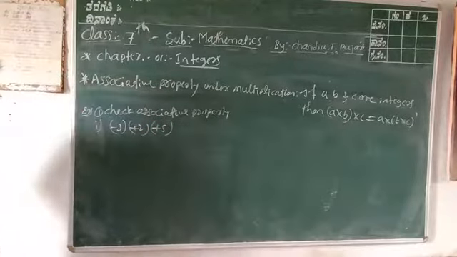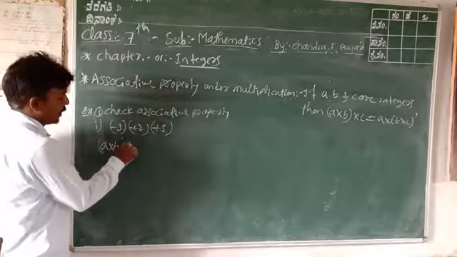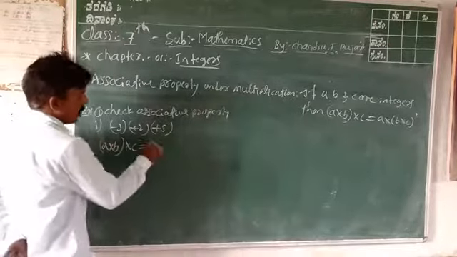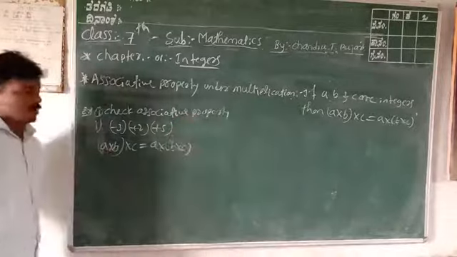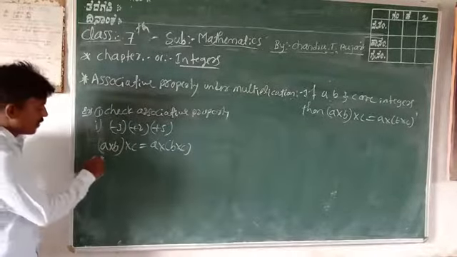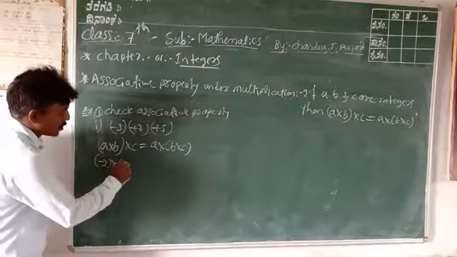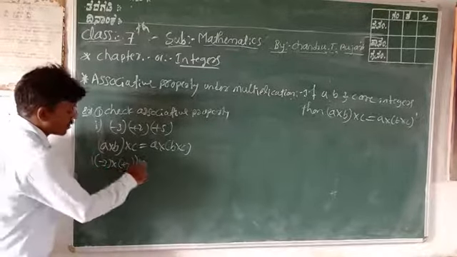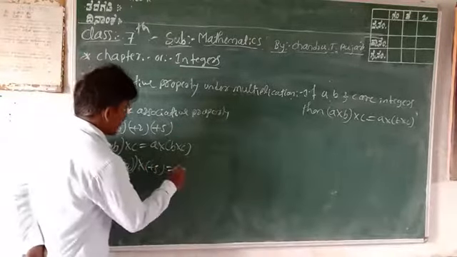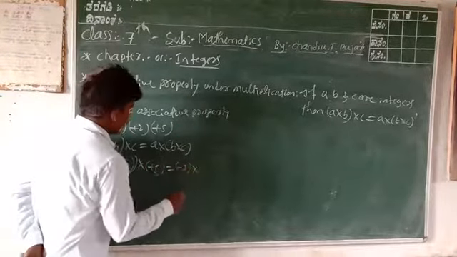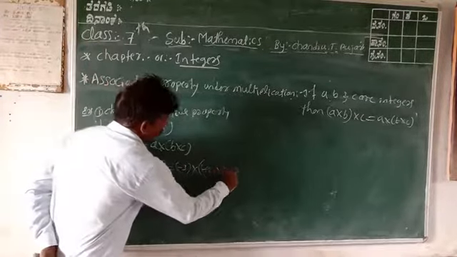The associative property condition is bracket of A into B, completely into C, is equal to A into bracket of B into C. And put the values. A means minus 3 into B means plus 2, bracket complete, into C means plus 5, is equal to A means minus 3 into bracket of B value plus 2 into plus 5.